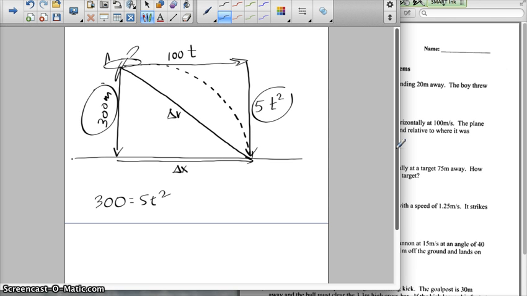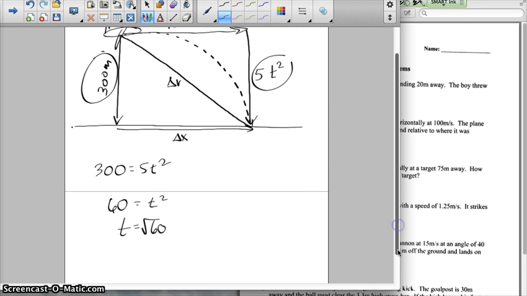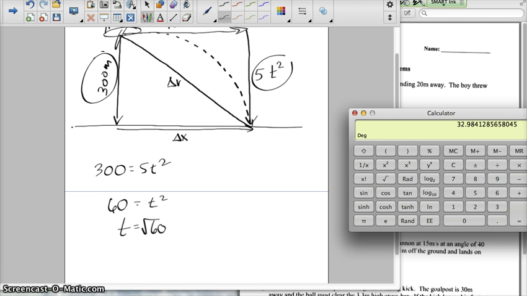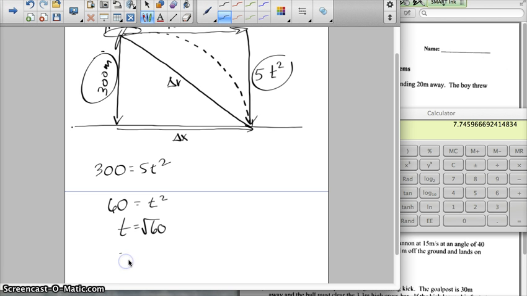So if I divide by 5, I get 60 equals t squared. And so t is the square root of 60. I'll just calculate it. The square root of 60 is 7.7. So t is about 7.7 seconds. That's the time the projectile is in the air.